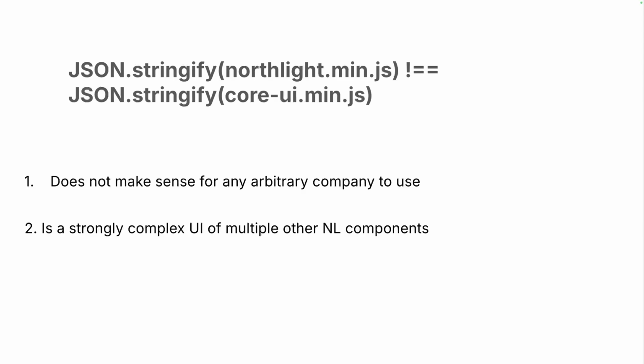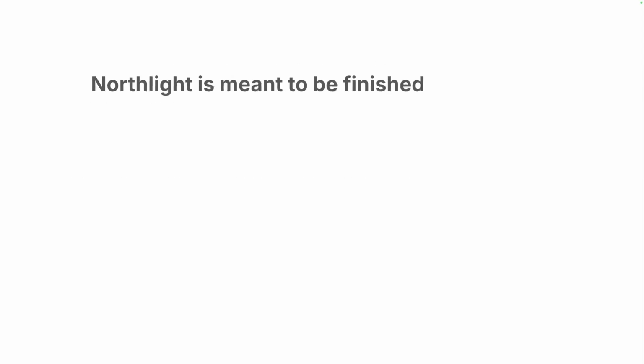For example, a pagination component might make sense for a lot of companies to use in a lot of different applications, but it's a rather complex UI component that composes multiple other components, such as arrow buttons, icon buttons, and logic in between, that every company wants to do slightly differently. Northlight is meant to be more of a baseline UI design system. And that's also one thing to note, is that Northlight is meant to be finished. It's meant to be stable.